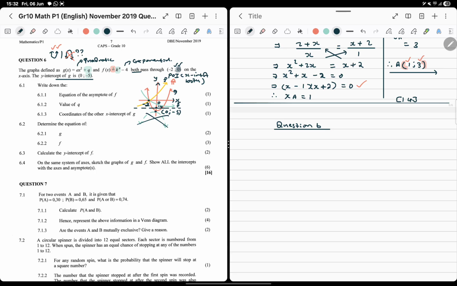So this means we need to check now if k, for example, is greater than 1. When k is greater than 1, this is the graph we are going to get, the gold one.